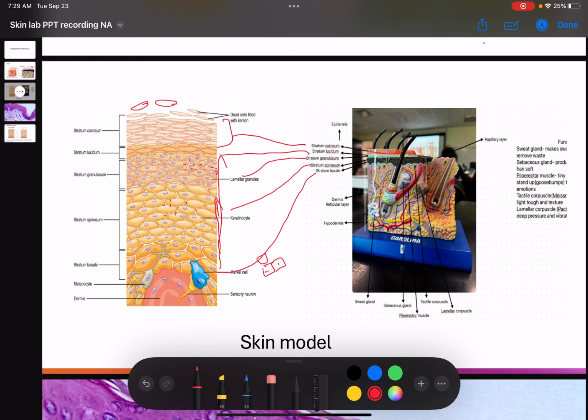There are different types of cells. Melanocytes, one of the cells you see in that epidermis. Then most of the cells are keratinocytes. Then other nerve cells, you can see sensory neuron, Merkel cells, some immune related cells also you see in this layer.